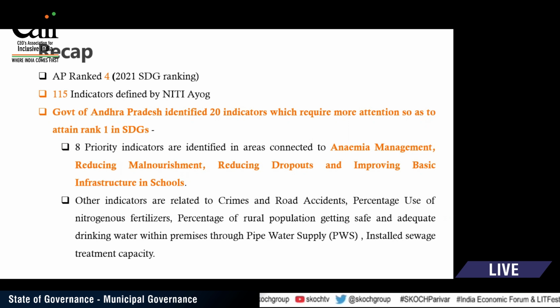Government of Andhra Pradesh identified 20 indicators which require more attention. Out of these, 8 priority indicators are identified in areas of anemia management, reducing malnourishment, reducing dropouts, and improving infrastructure in schools. Apart from this, there are others related to crimes and road accidents, percentage use of nitrogenous fertilizers, etc.